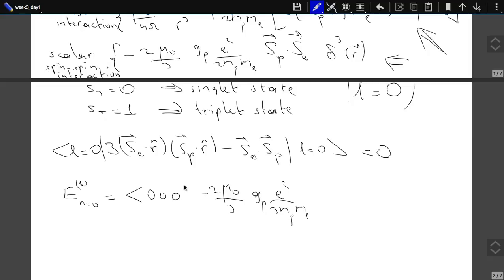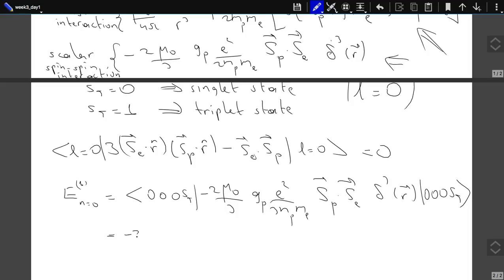So let's also add the ST, SP dot SE Dirac delta R, in the 0, 0, 0 ST state. This will be the correction.